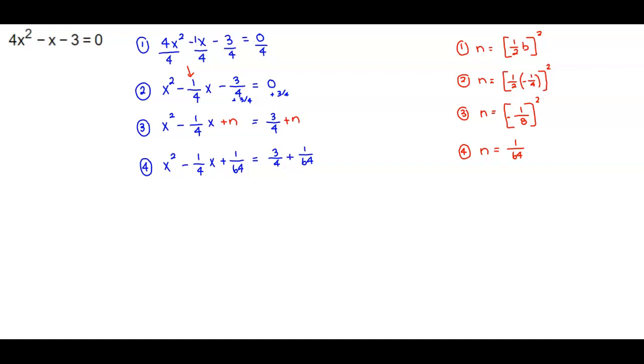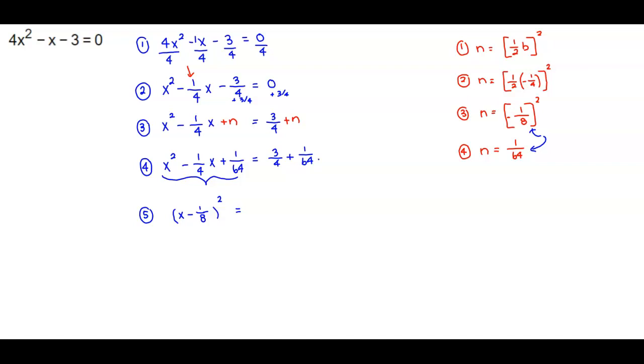Okay, so now the next step is that we need to factor this perfect square trinomial. Well, the nice thing is that we've already done that. If you see here, this is what we had to multiply twice to get positive 1/64. So therefore, this is going to become x minus 1/8 squared. And then that's going to equal 3/4 plus 1/64.